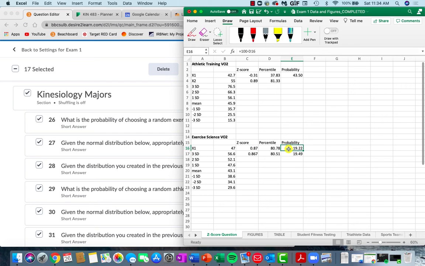Back up a second, I'm sorry. The percentiles are what would have been given in the z-score table, because positive z-scores return a percentile of 50% and above.